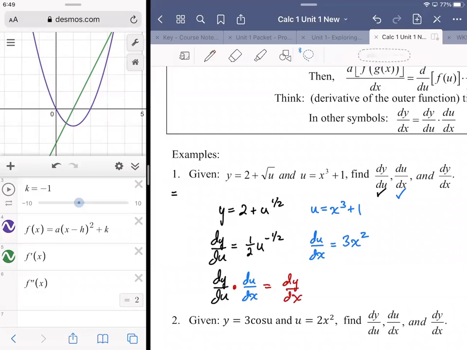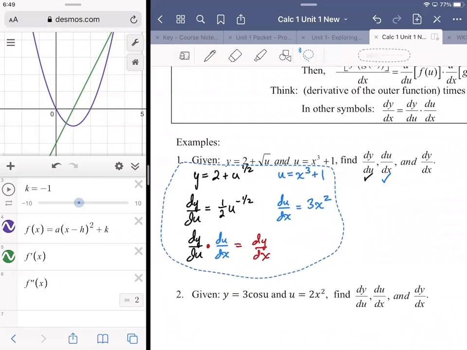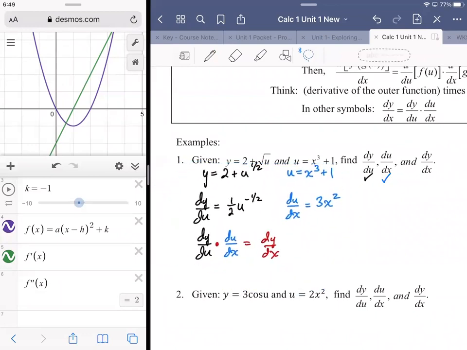If I take that information and then make some substitutions, because I know that dy du is equal to this, and du dx is equal to this, multiplying them together would give me dy dx. However, I see this u staring at me here.